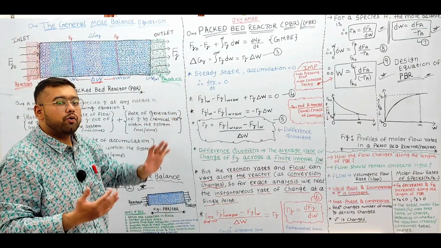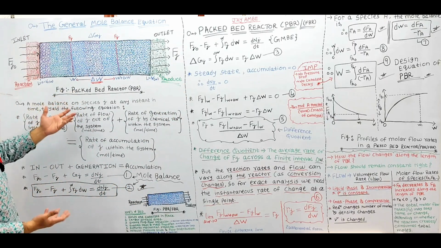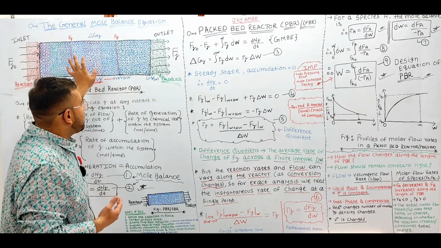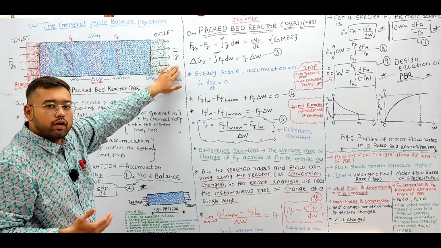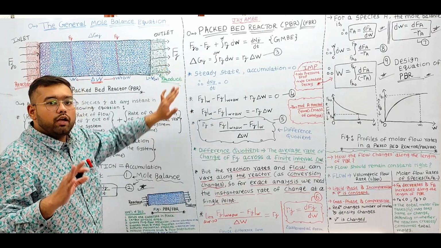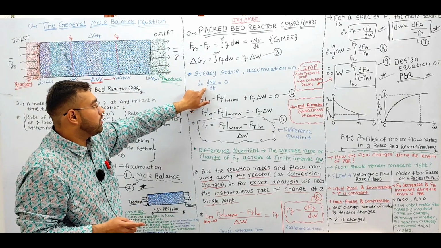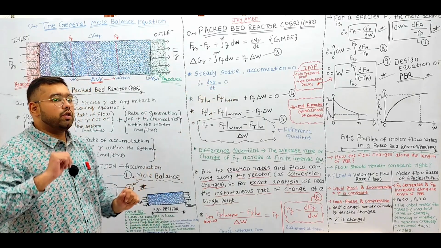There are no chemical species getting accumulated inside the reactor, so all the chemical species are exiting the reactor through the outlet stream. It's the first assumption, due to which we have steady state conditions, and the accumulation term dNj/dt will be equal to 0.